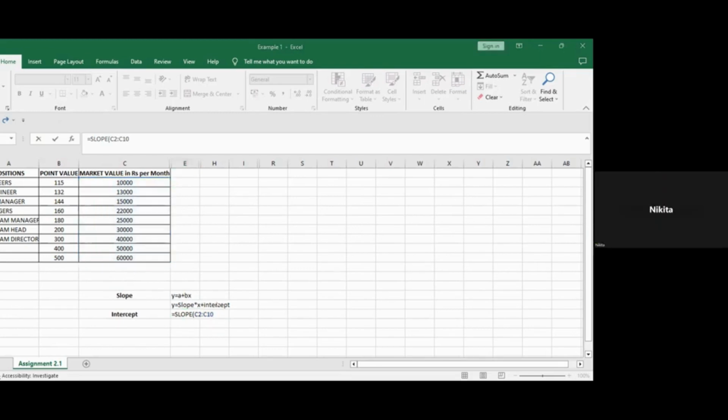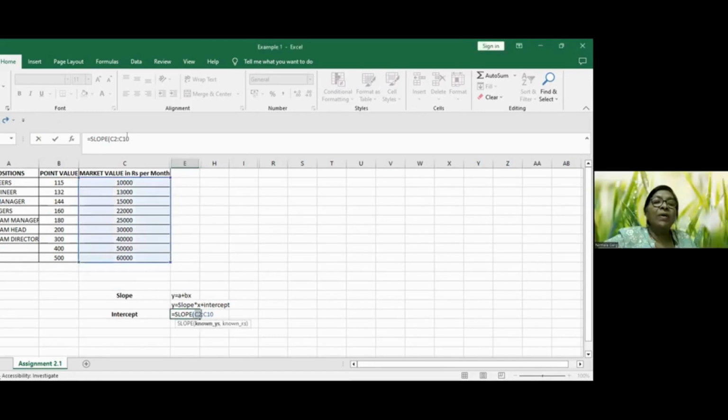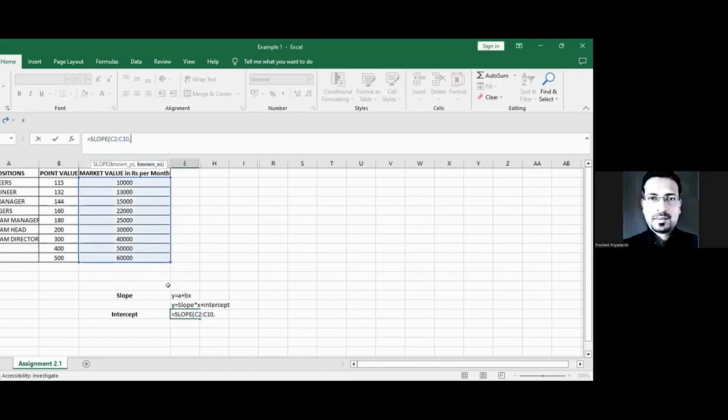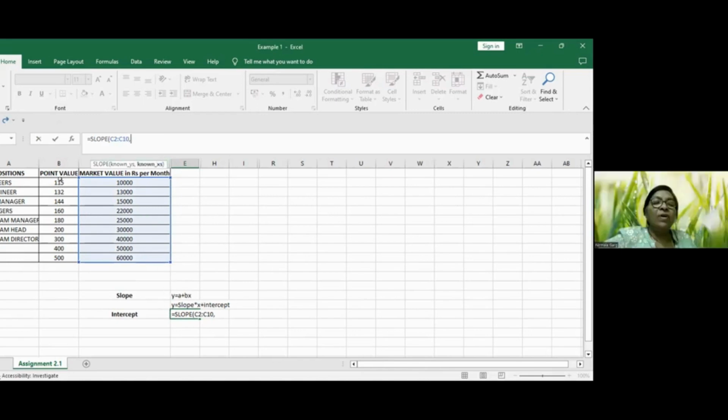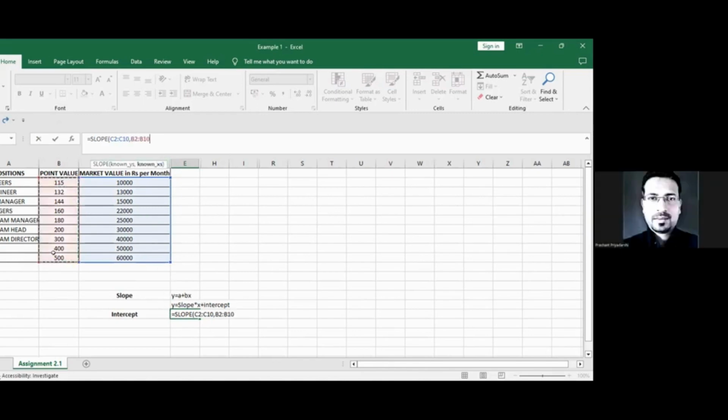So I have to select the entire data, right? Put a comma. Now select column B, which is your known X data. Close the bracket, that's it.